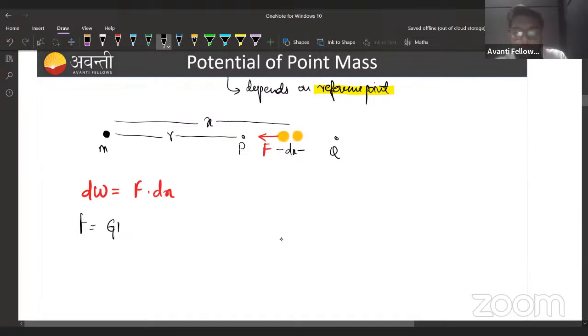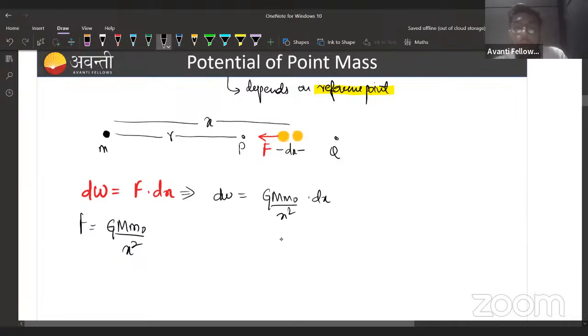G capital M and, let's say, small m, test mass m naught, by the distance x square. Just substitute it here. What will be the value of dw? dw will be equal to G M m naught by x square into dx, right?